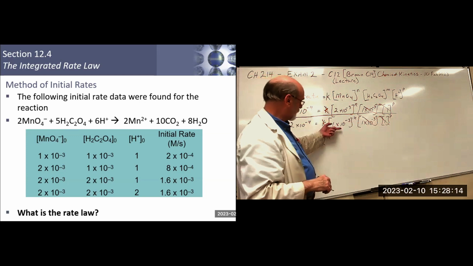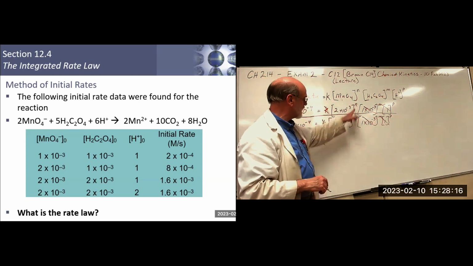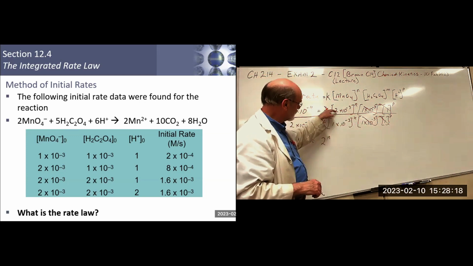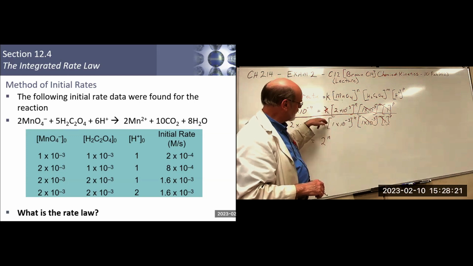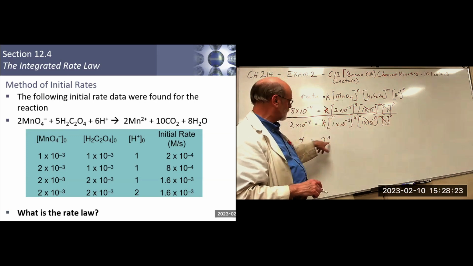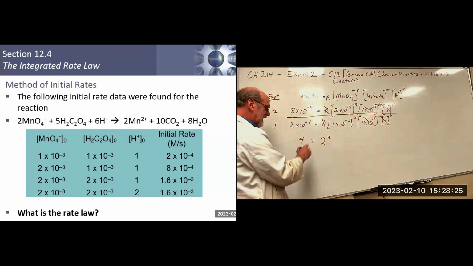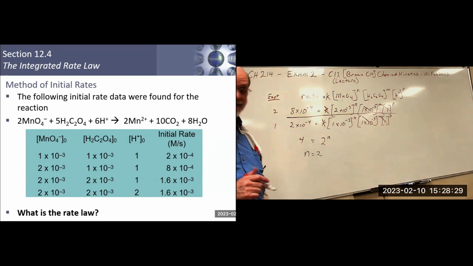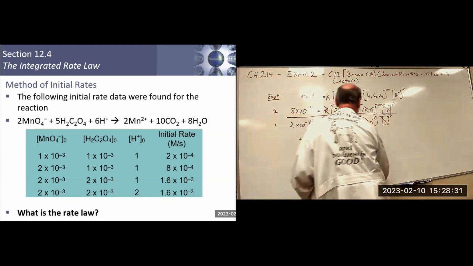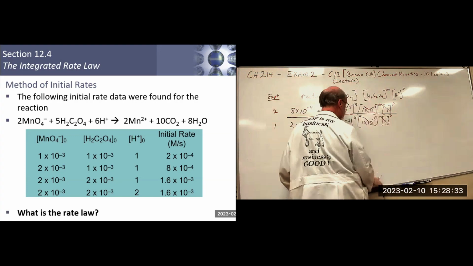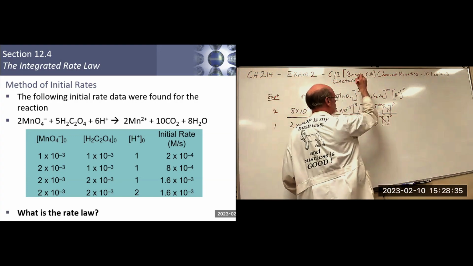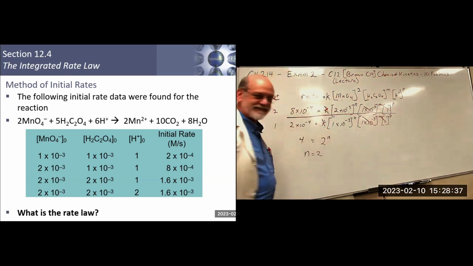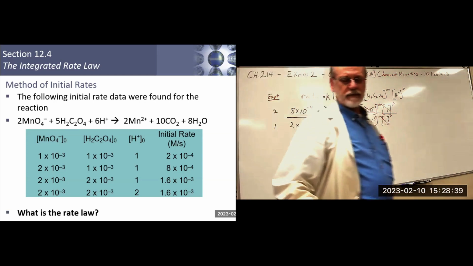If we've got this term in here, this term in here, and they're both the same power, then we can divide 2 times 10 to the minus 3 divided by 1 times 10 to the minus 3 is 2 to the n power. So what's n? n is equal to 2. So now we know that this value is 2. See what we're doing?